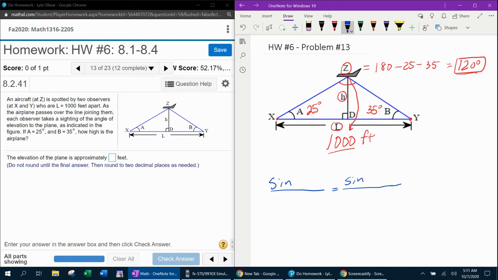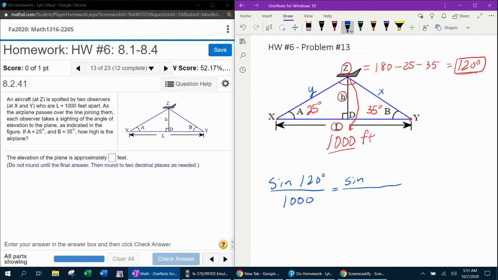Angle Z is 120. Across from that is 1,000. And then I'm going to have to find either little x or little y, because I'm having to find pieces in the blue triangle. I can't go straight for the height of the plane. I'm going to have to do it in steps.